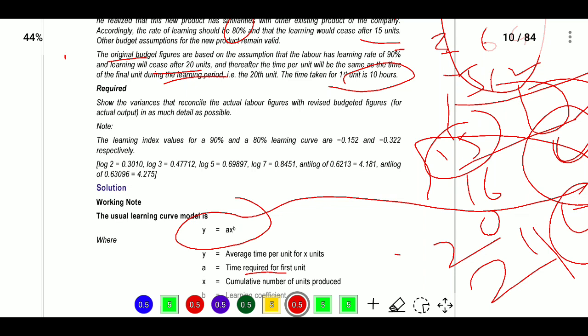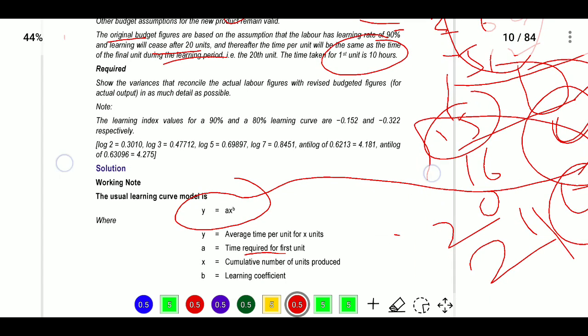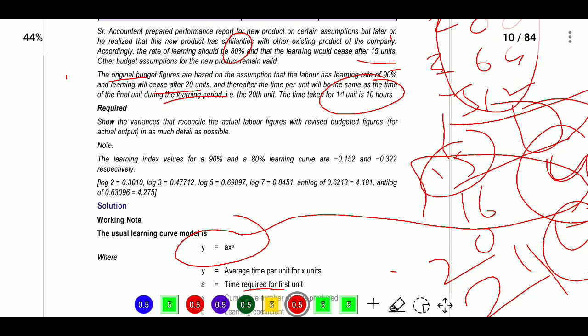They provided it here. For the first unit 10 hours is required, into x. X means cumulative number of units produced. How many units were provided?